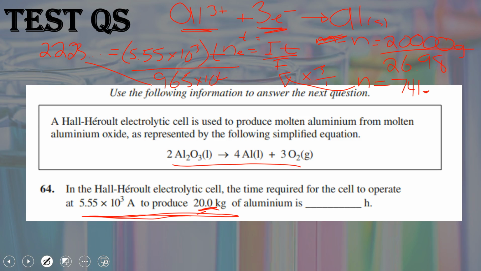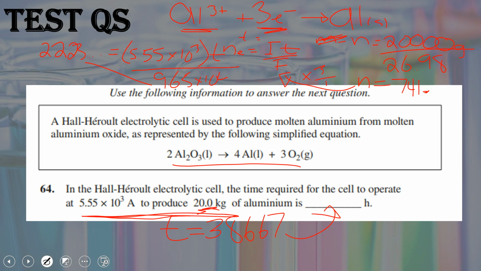So cross multiply, times that by 9.65 times 10 to the 4, and divide that by 5.55 times 10 to the 3. And that gives me a time of 38667. So is that the answer I would put there?